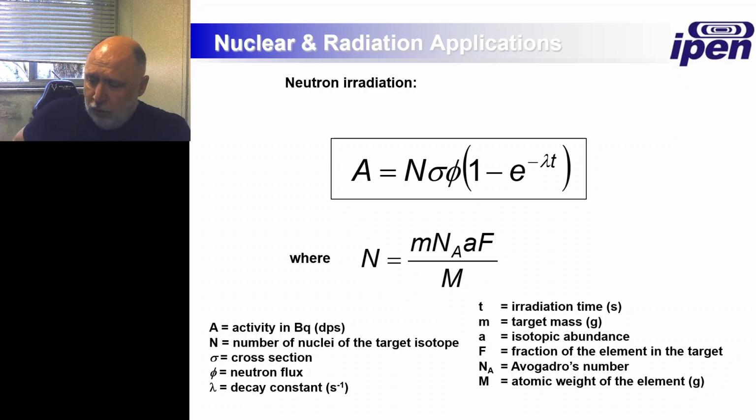So one of the main ones we have, and we have here in our institute, is very strong and has been in use for many years, is neutron activation analysis.